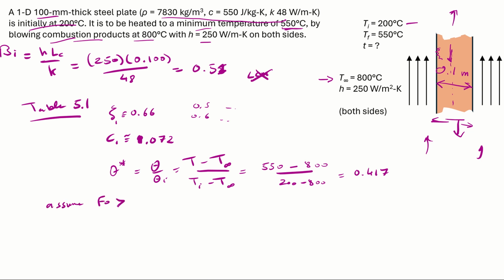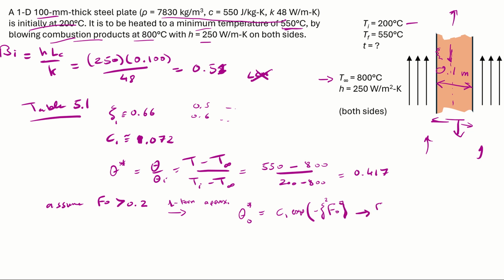Now, assume the Fourier number to be greater than 0.2, and note that the minimum temperature is, like we said, along the center line. So we'll use the one-dimensional one-term approximation, which would give theta naught star as C1 times the exponential of minus zeta squared times the Fourier number.